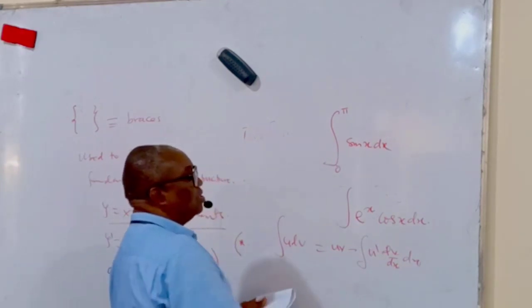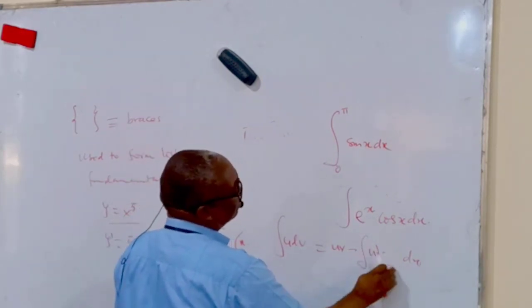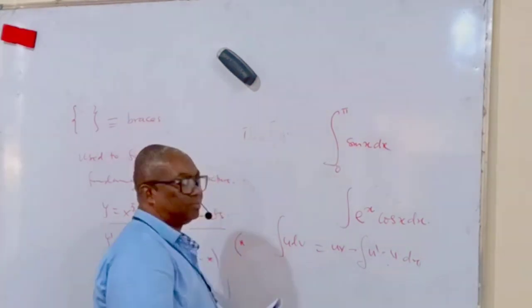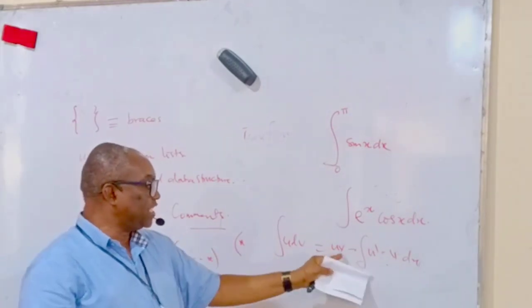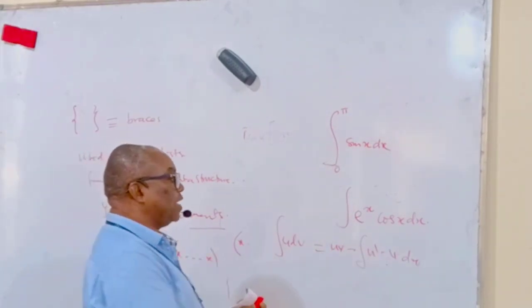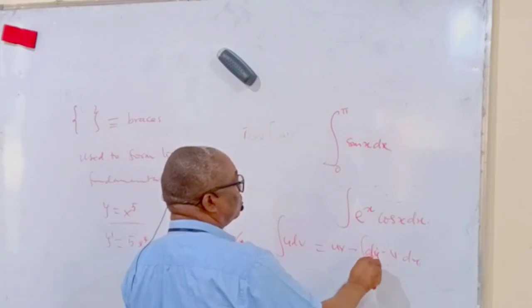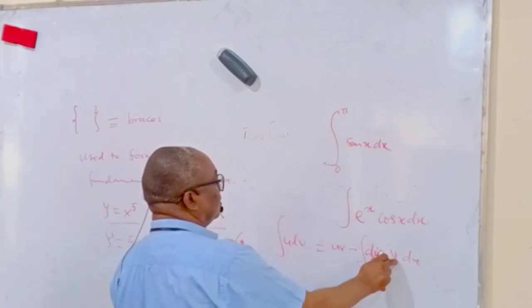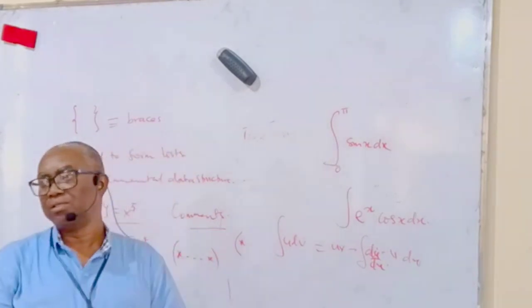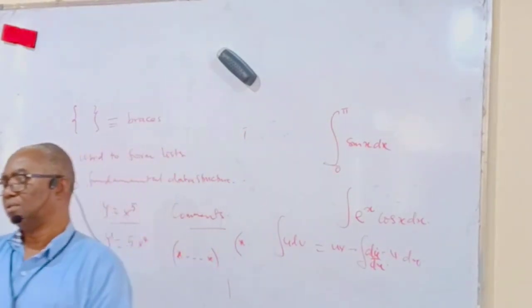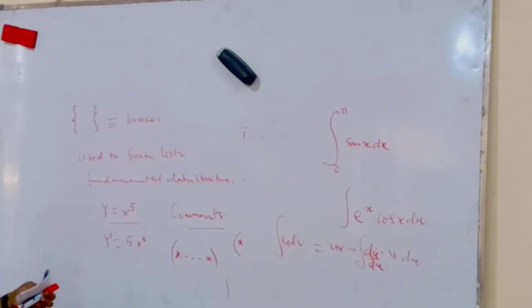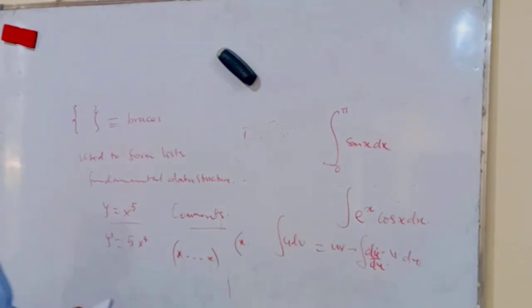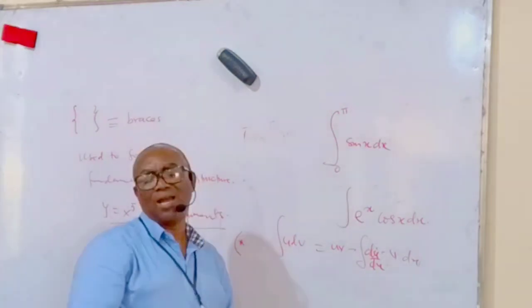Am I correct? No. You must differentiate your u here, which is actually your du by dx, multiplied by v.